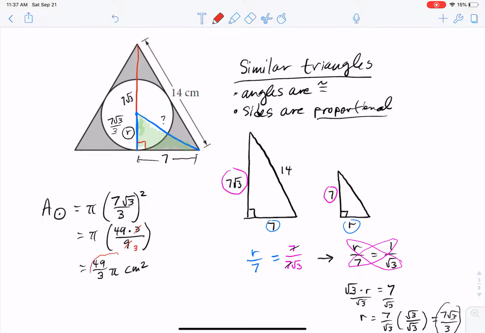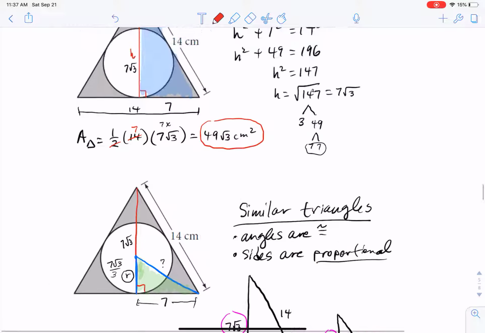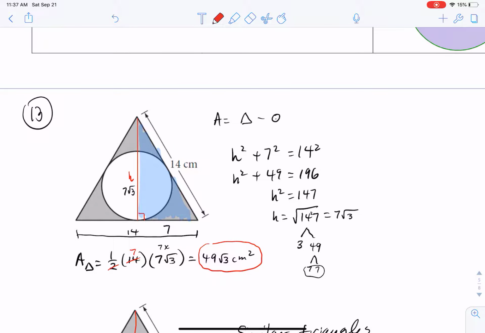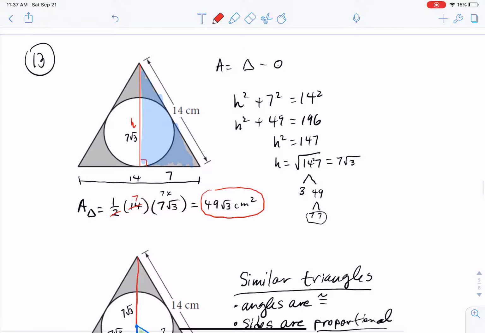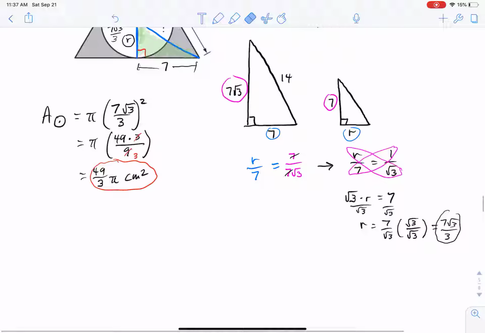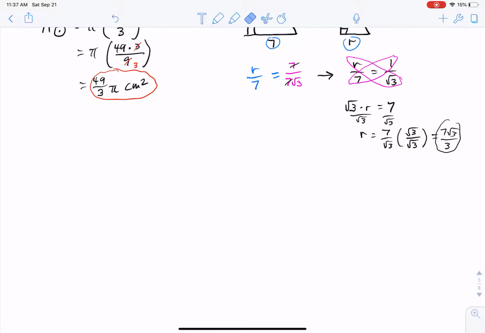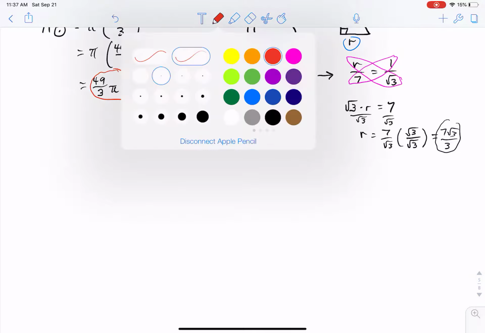Okay. So going back up here to our strategy, remember what we said is that the area of the triangle is, or the area of the shaded region is triangle minus the circle. So the area, let's change back to black.